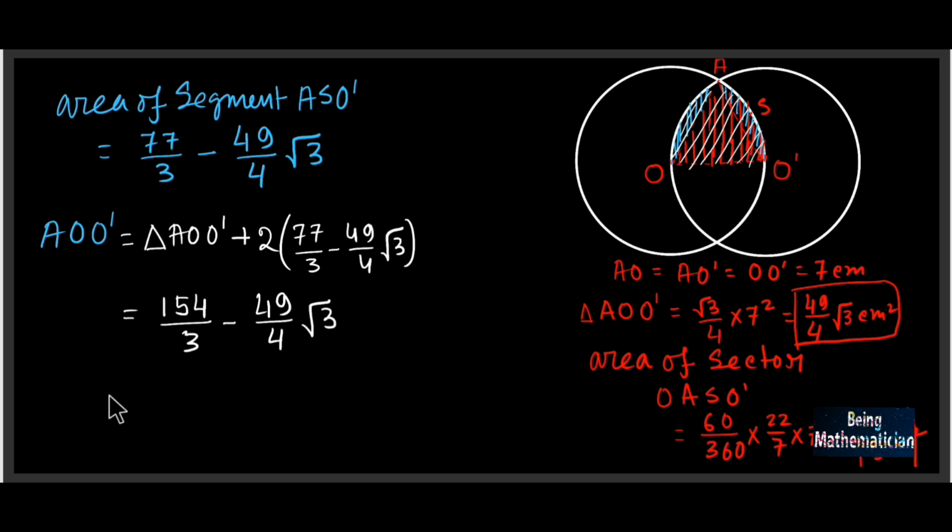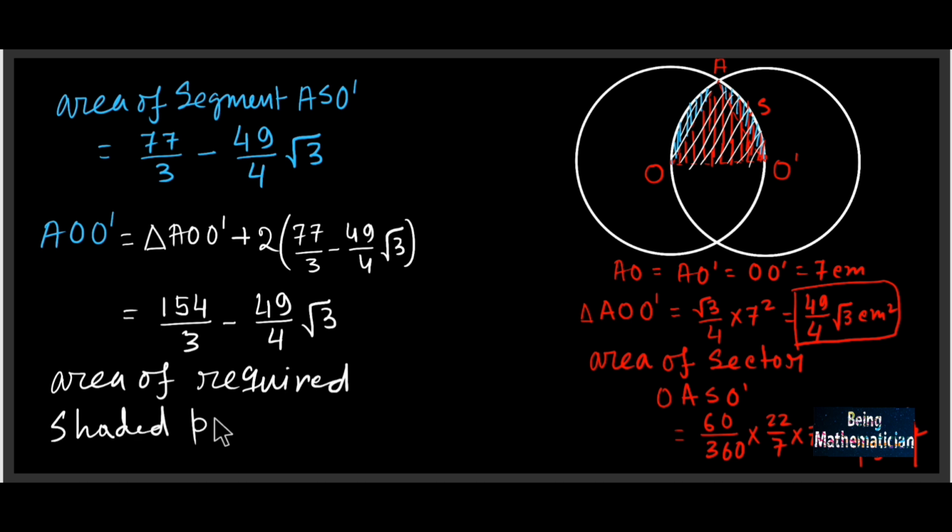So the area of our required shaded region is equal to 2 into this part, 154 by 3 minus 49 by 4 root 3.